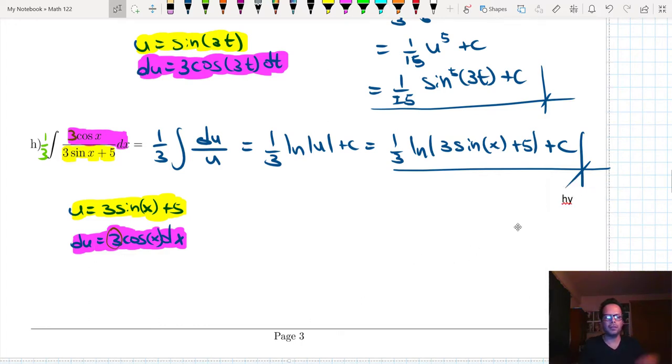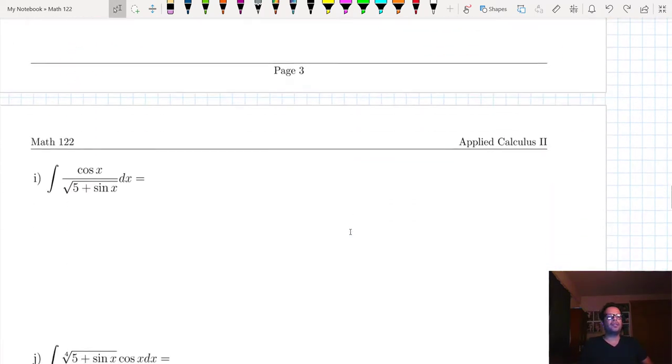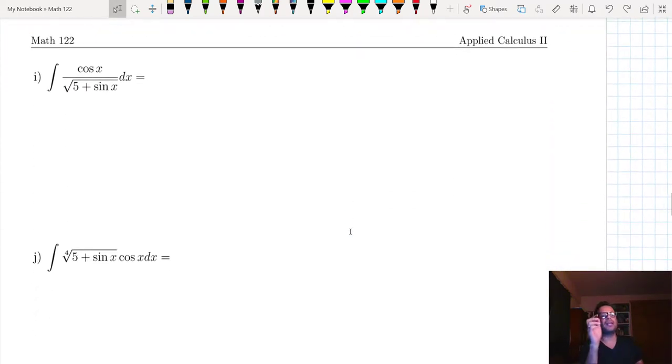Okay, let's see what happens. All right, let's keep going with this. Letter I is very similar. Again, observe the denominator, the quantity inside of the radical, 5 plus sine. If we take the derivative, what are we gonna get? Cosine, right?